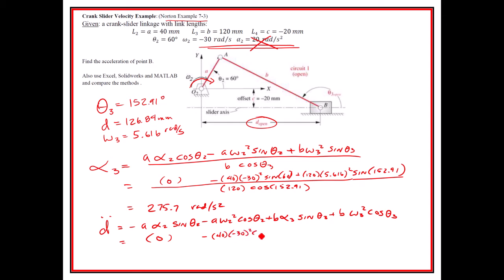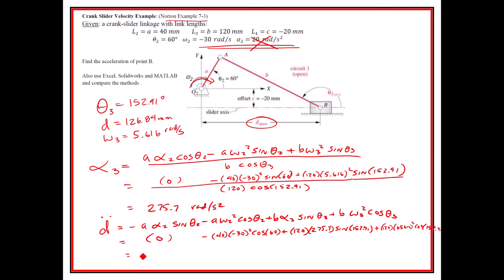Minus 30 squared cosine of 60 plus 120 times alpha, which was the 275.7, times the sine of 152.91, and I'm running out of room here, plus 120 times omega 3, which is 5.616 squared, and then take the cosine of 152.91.